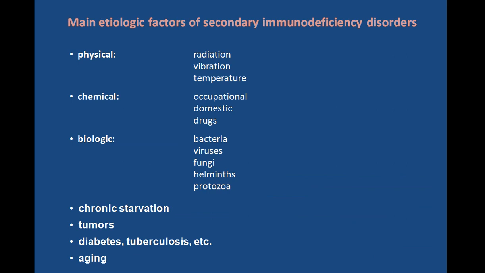Main etiological factors of secondary immunodeficiency disorders: physical, such as radiation, vibration, temperature; chemical, occupational, domestic, drugs; biological factors: bacteria, viruses, fungi, helminths, protozoa; and chronic starvation, of course.